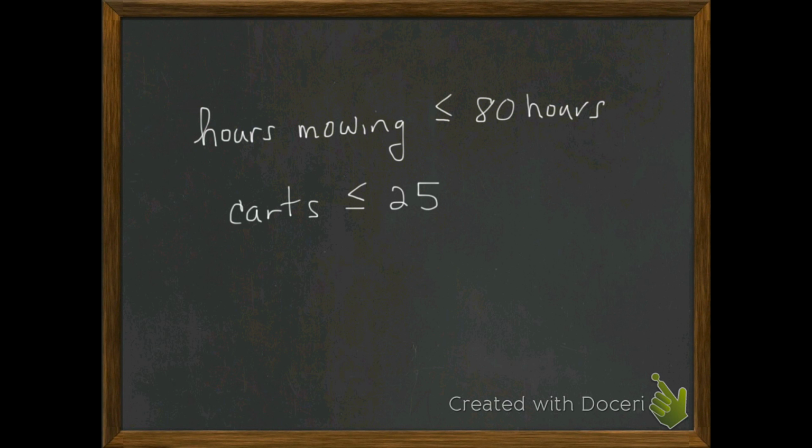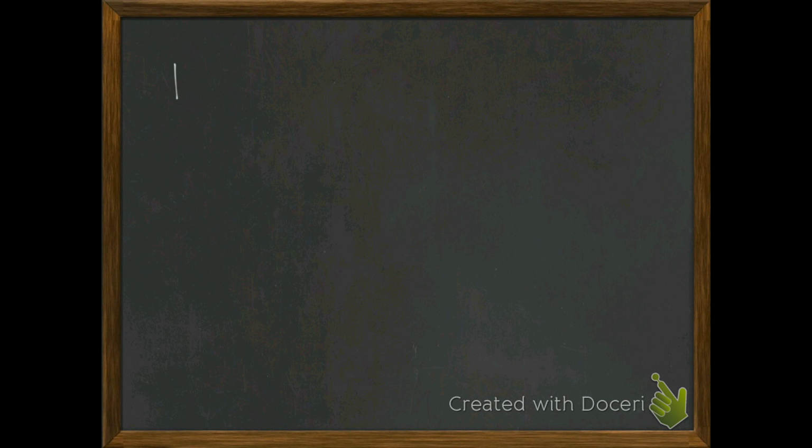Now, if you figure that there are 2 players per cart, and nobody walked, because we had a lazy group of people, then the number of players would be less than or equal to 50. So we get into inequalities because they're a natural function of certain constraints that we run into in linear programming problems.